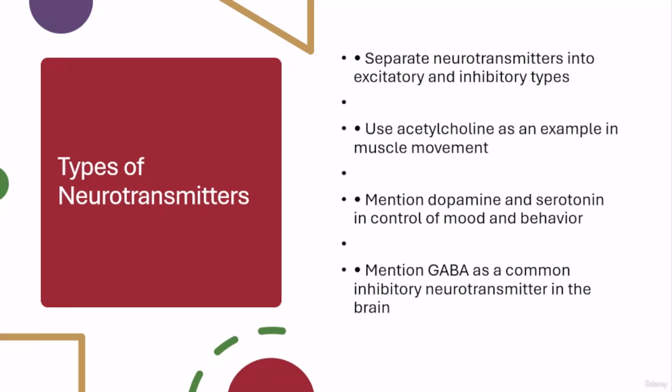And common neurotransmitters include acetylcholine, which helps muscle movement, dopamine, which affects motivation and control, serotonin, which influences mood, and GABA, which slows down activity in the nervous system. And the balance between these chemicals shapes how the brain and body function.